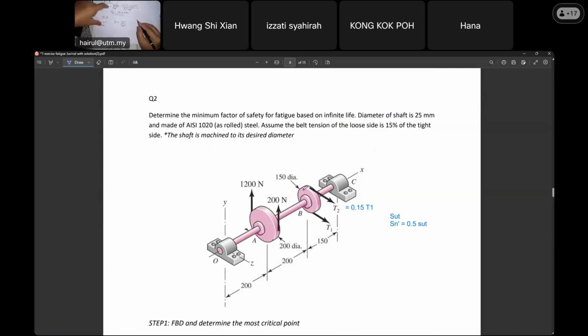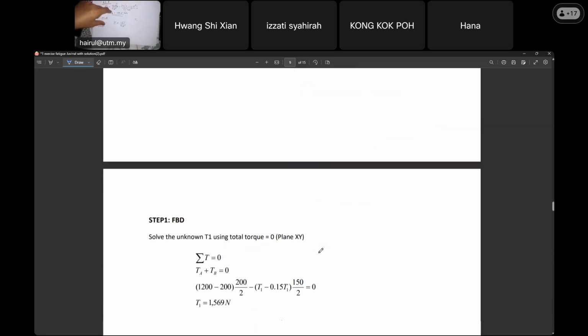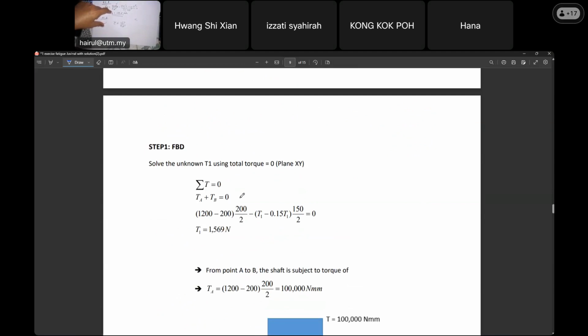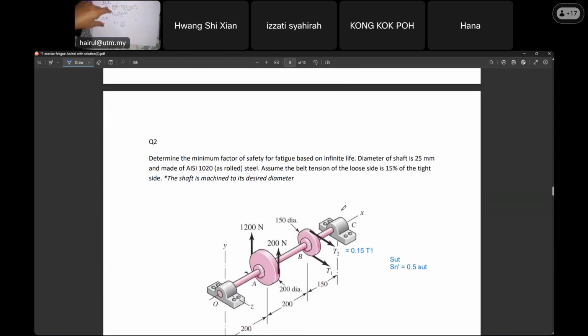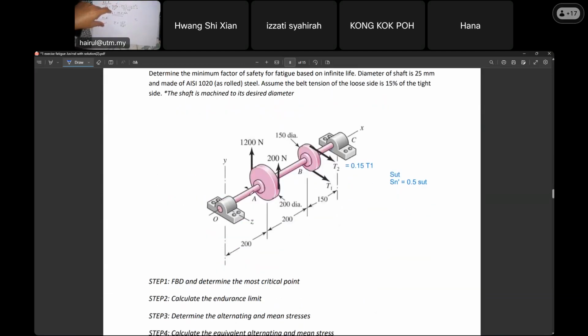So what is the value of the torque? The torque was already calculated just now. What is the total torque, class? Looking here, it is 1,200 Newton times the radius of the bigger pulley times 100, minus 200 times 100.